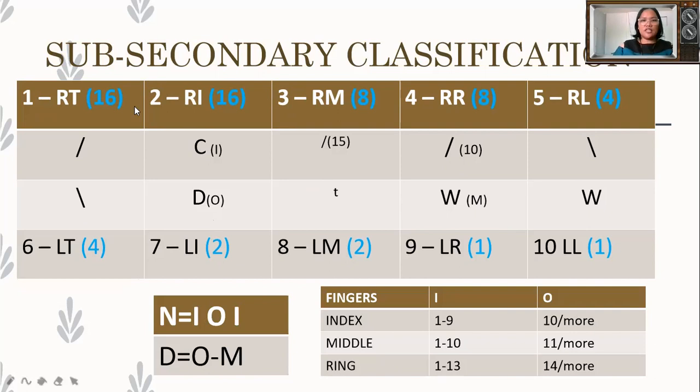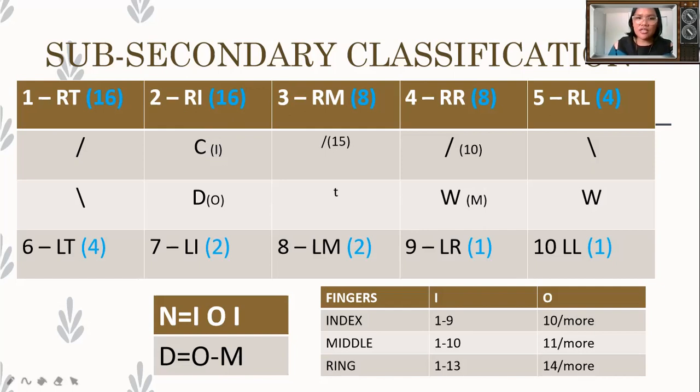So just like in here. So again, in subsecondary, we have to remember that we consider the index, middle, and ring of the right and left hand. So index, since it is a central pocket loop, and there's no need for the ridge count, you just copy the tracing.